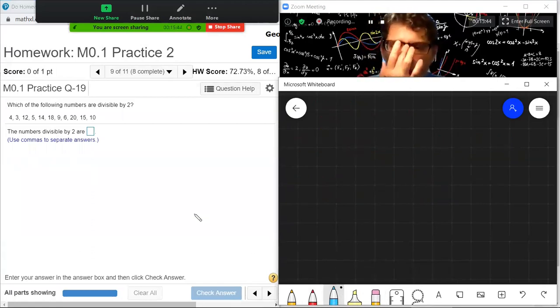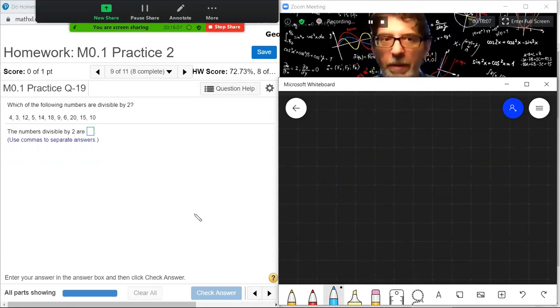Okay, so now we're changing gears a little bit. Now they want us to know which of the following numbers are divisible by 2. When something is divisible by something else, it means there's no remainder. The number goes into that other number evenly, with zero remainder.